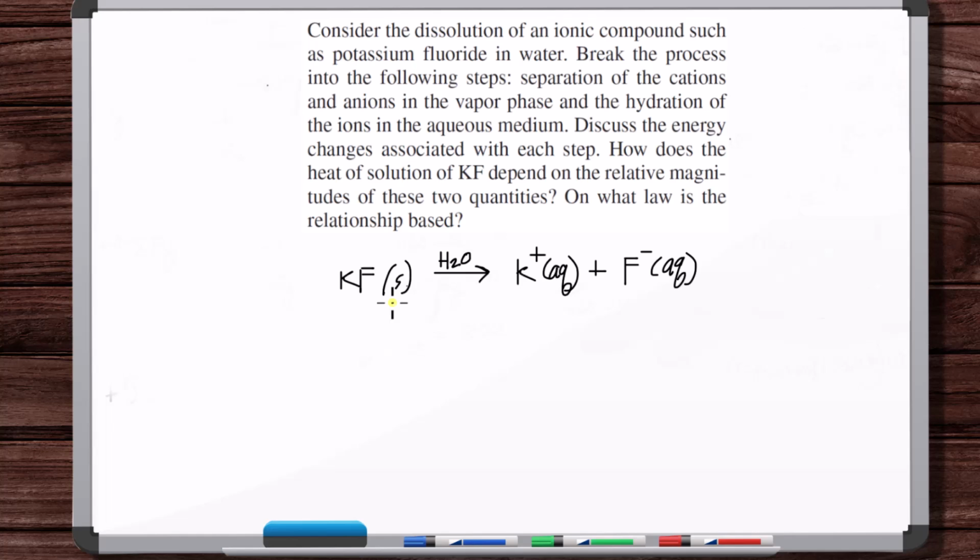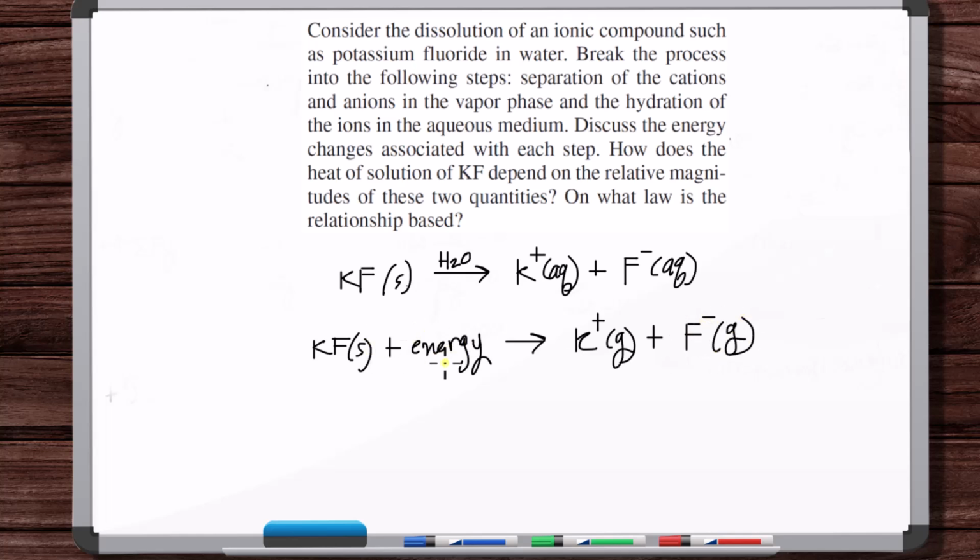Now let's go through this indirect path to arrive here. We have KF solid, and then we add energy, and this results in K+ gas plus F- gas. And this is the lattice energy here.